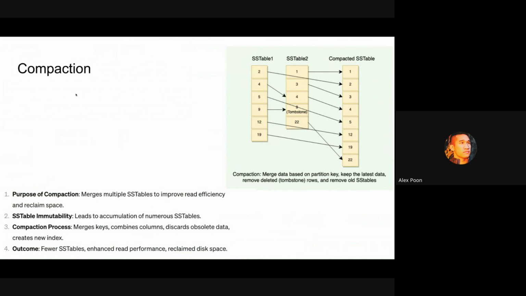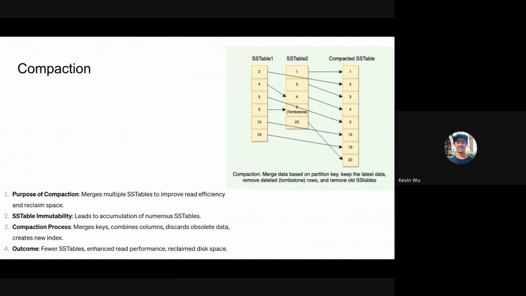Sure, go for it. So the compaction process: we have the in-memory store, where we append new values. The in-memory data structure is actually a red-black tree or some balanced tree like that, which allows the strings to be sorted. Once it hits a certain threshold, it gets written to an SSTable.